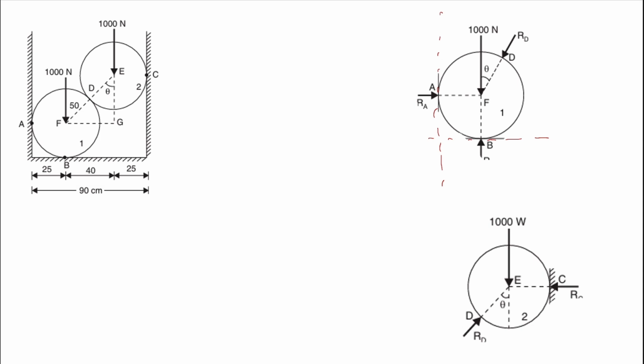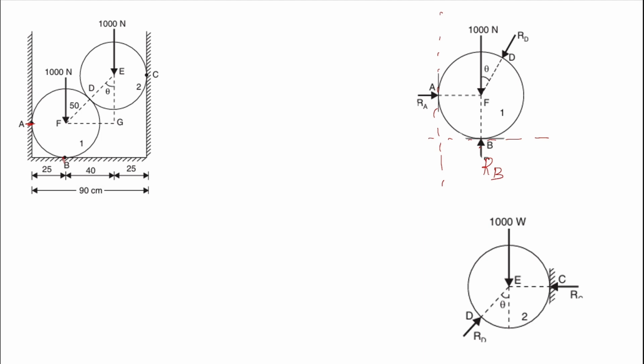Okay, so look here, the sphere is resting on this horizontal as well as this vertical plane, right? So at the point where the sphere is touching the channel, the vertical or horizontal plane, there will be a reaction from that plane, right? So that reaction is drawn here as RA and RB. RA is the horizontal reaction and RB is the vertical reaction.